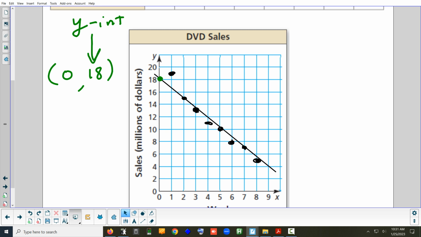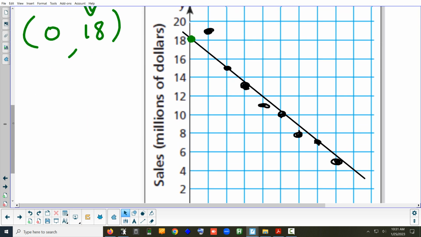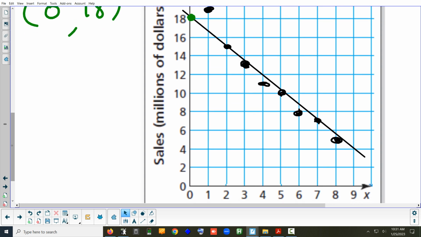Does anybody see another good place that I could mark a green dot on the line where the grids meet? Pretty exact. 5, 10. Yeah, I think you could use that one.